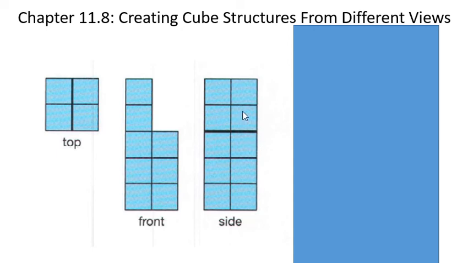That must correspond to this difference in depth right here. These 2 are at a different depth than these 3. So this height of 2 and this height of 2 correspond to the same cube.